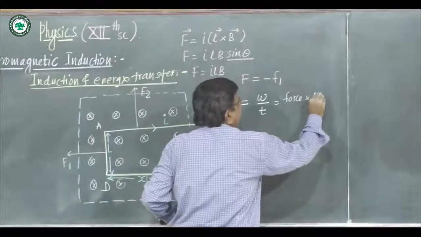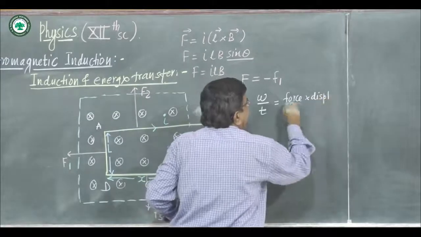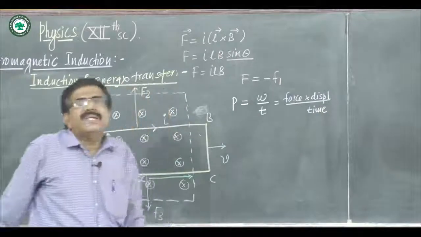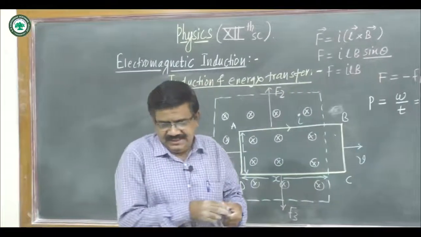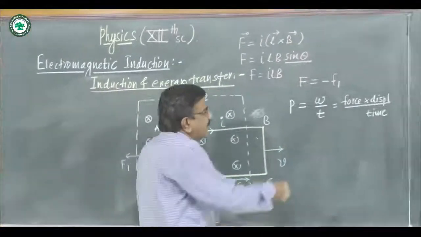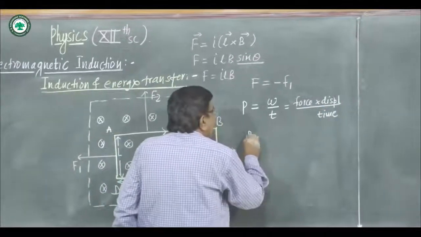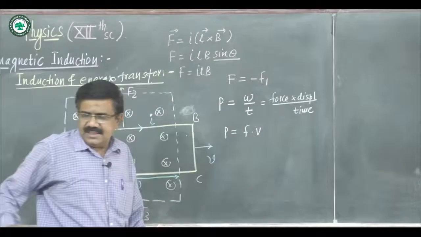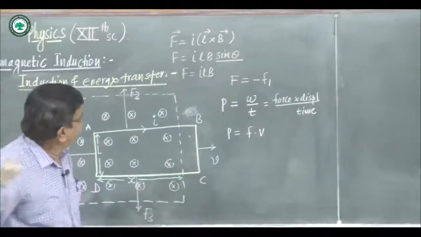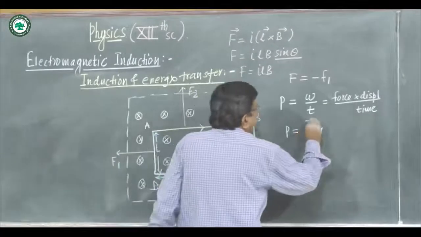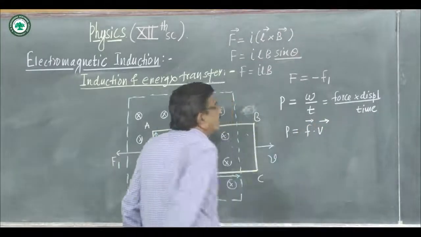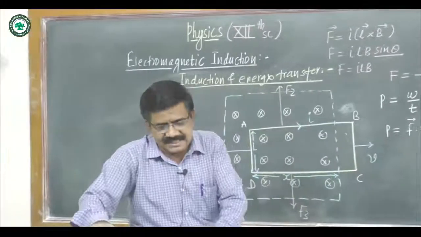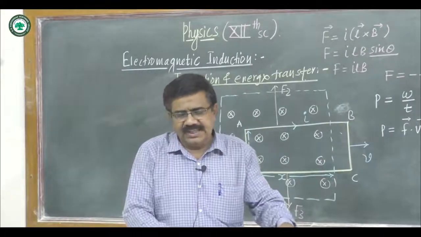But displacement upon time is velocity. So this power is F into v, or it is the dot product of F and v, Fv cos theta. The angle between them is 0. Cos 0 is 1. So this power is F into v.